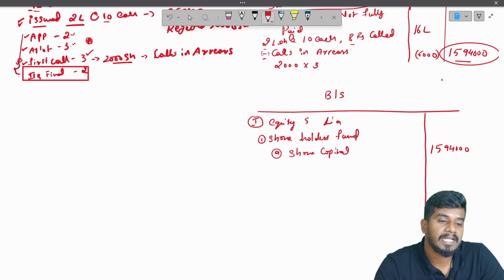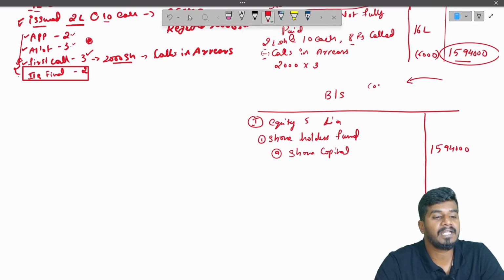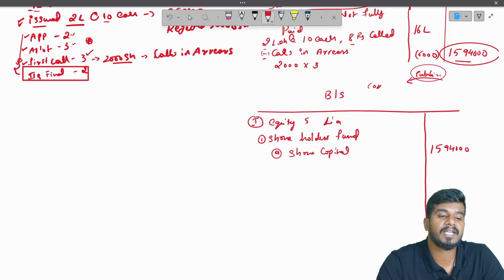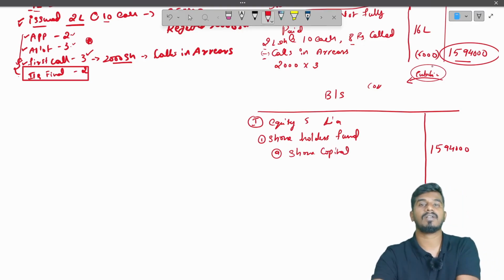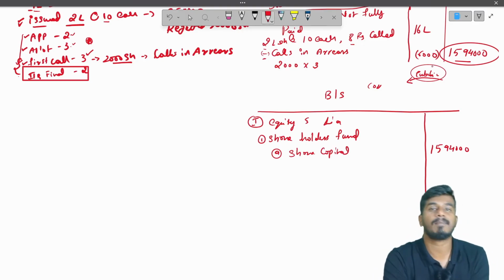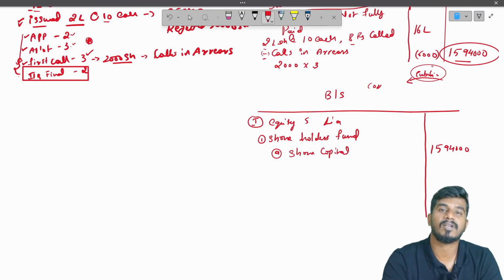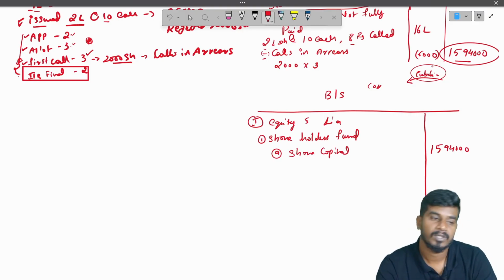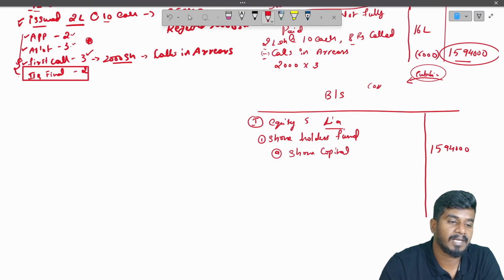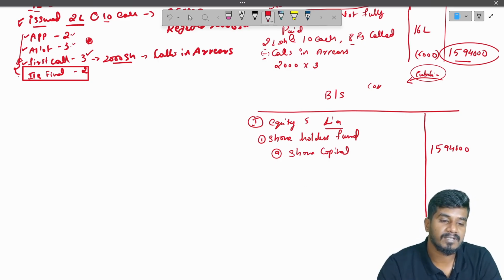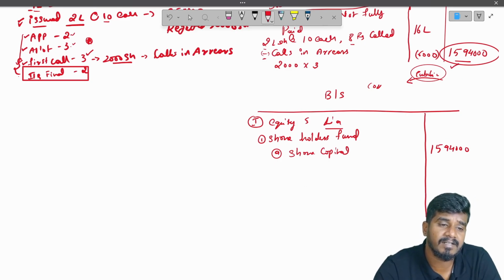Because people invested, which is nothing but the company borrowed from the public. If the company takes a loan from the public, they should return it back. They are liable to pay it back. So it is obviously a kind of loan, so it is a liability.